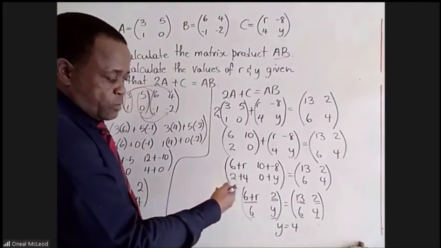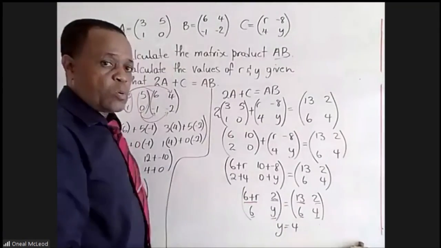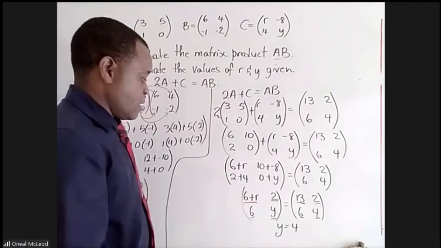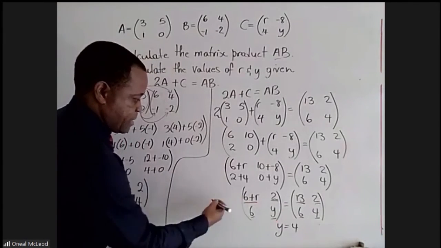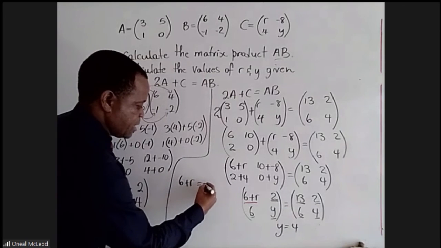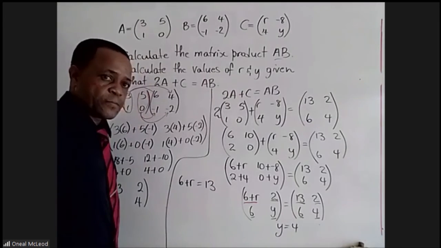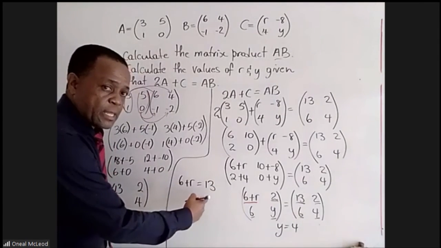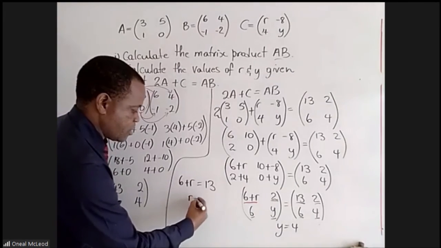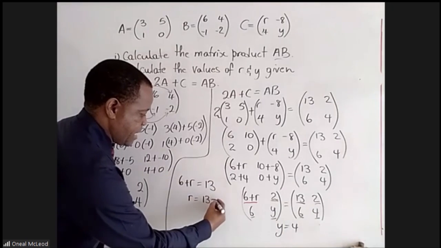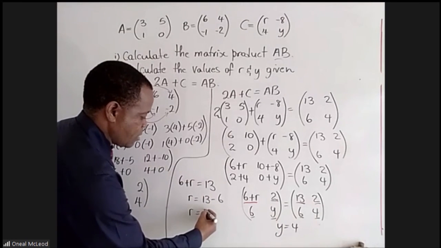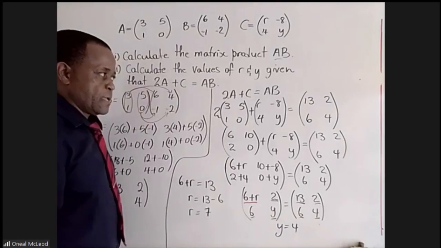Some of you would be able to just look at it and know what R is. Some might not. What we can do is write the equation 6 plus R is equal to 13, and solve for R. So R is going to be equal to 13 minus 6. Therefore, R is equal to 7.